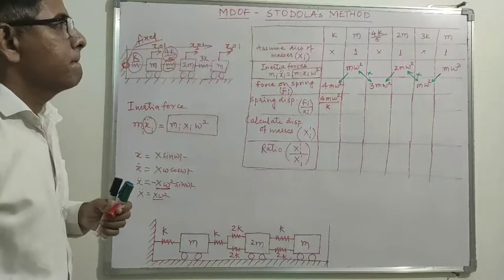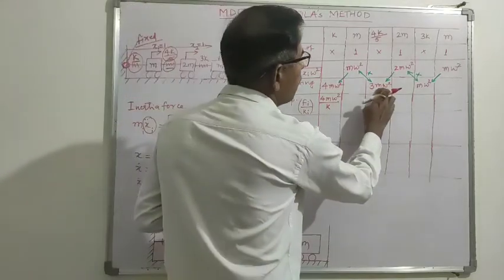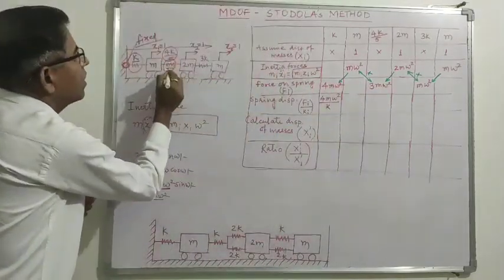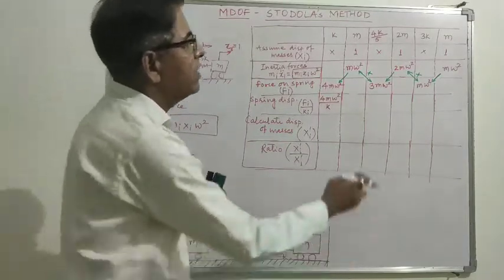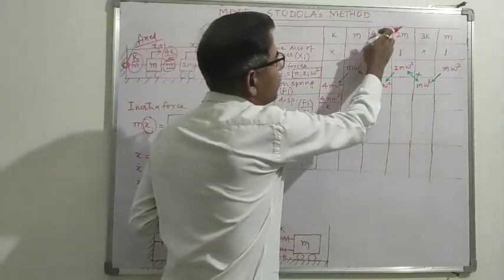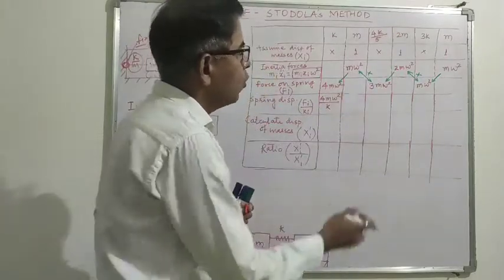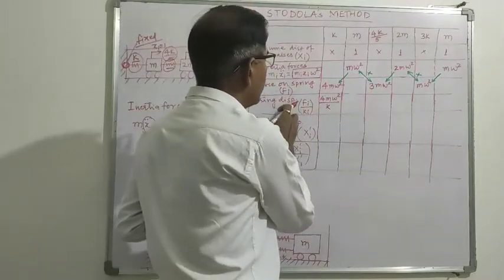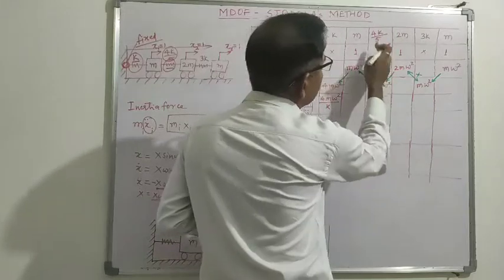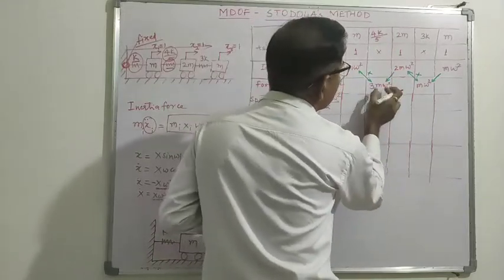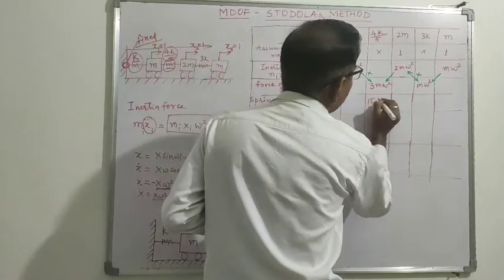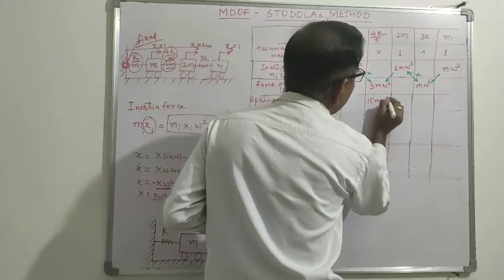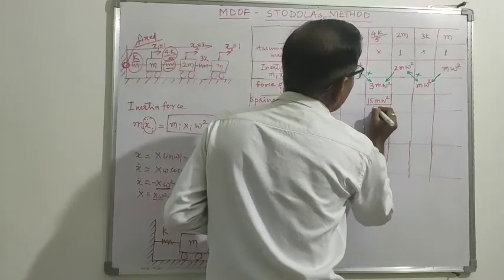Similarly, this is the force acting at the second spring, 4k by 5, and the stiffness is 4k by 5. So the spring displacement will be this divided by this, so this becomes 15 m omega square upon 4k.